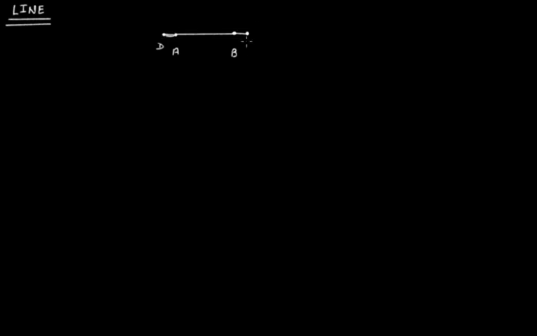Then again you take another point, E, and here you take F. Again, it might not look like an exact straight path, but assume that it's going straight, that is, all these points are aligned in a straight path. You again take some points, G and H, and then this goes on extending out at this end, and it goes on extending at this end.